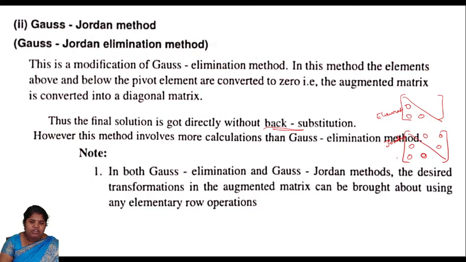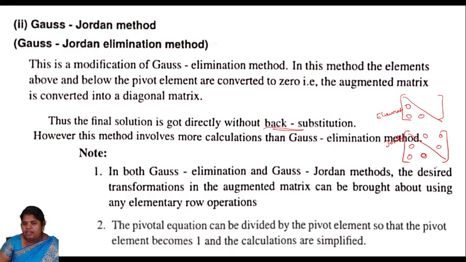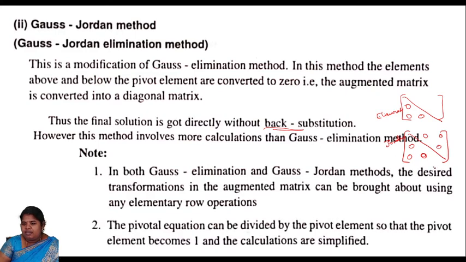Note that in both Gauss elimination and Gauss-Jordan methods, the transformation of the augmented matrix can be done using any elementary row operation. That is, we can interchange rows, or we can multiply a row by a constant and add or subtract it with other rows. Now the pivot equation can be divided by the pivot element so that the pivot element becomes 1. The pivot element is the element which helps us make other entries 0.